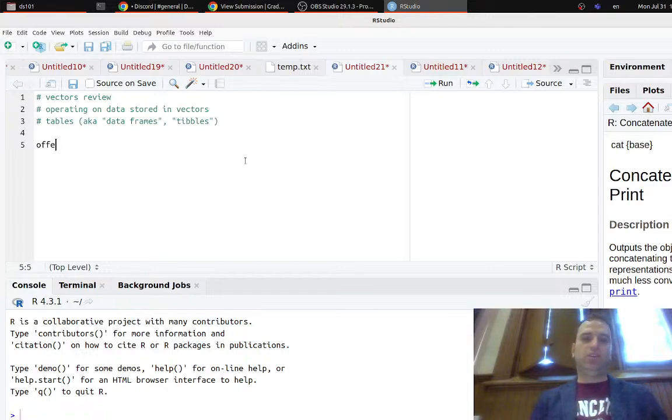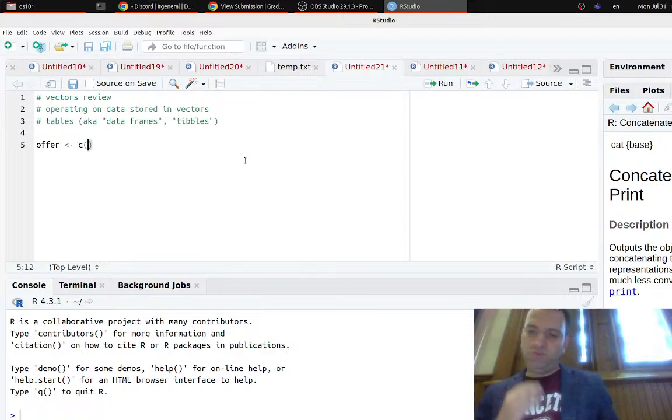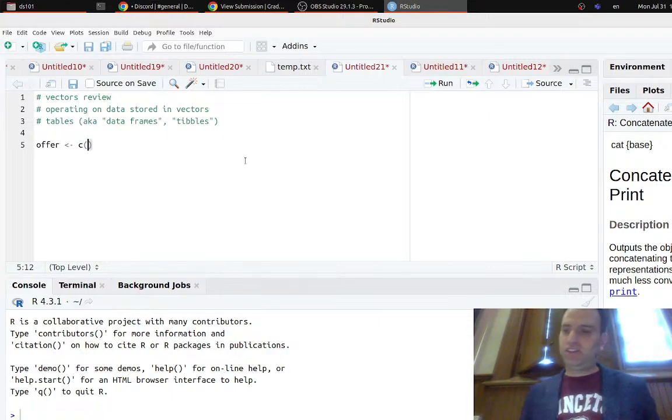The way you do a vector is like this. I grabbed this example when I was teaching a course in medical school a couple of years ago here at UofT, and I thought, what would be a good example for a data set? I thought, starting salaries for physicians. This is starting salaries for physicians in the US. In Canada it's not nearly as much.